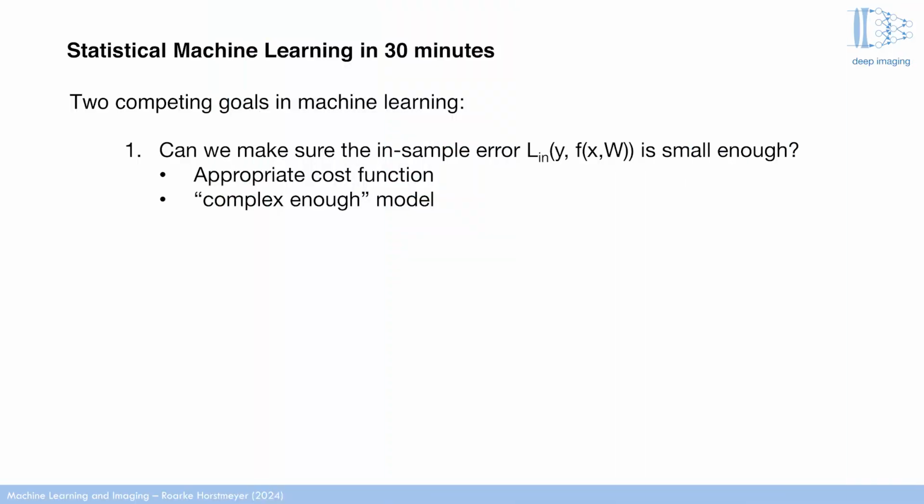All right, so now we're going to run through statistical machine learning in 30 minutes. Okay, and so really there are two goals when we're doing machine learning, and we've already talked about these a bit. The first goal is the one we are focusing on in our effort. So 90% of your time on the final project, and probably 95%, will be this first goal.